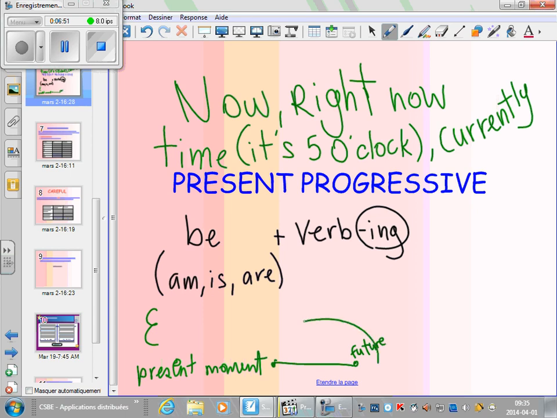So all of this is your present progressive. So it's a period of time that starts in the present, but it also includes a future. Okay? Don't panic if it's not clear right now. We're going to talk about it. Extended present. With the S, please.